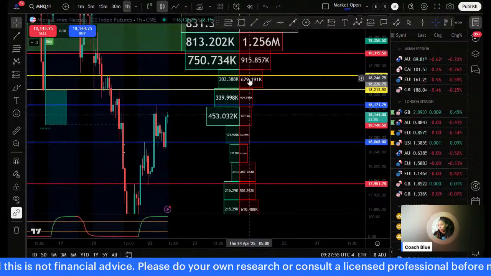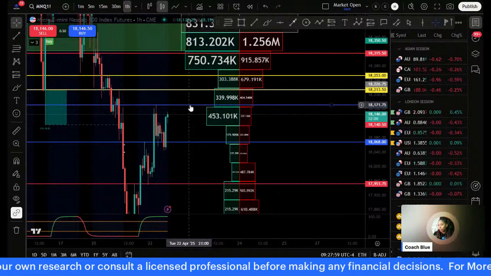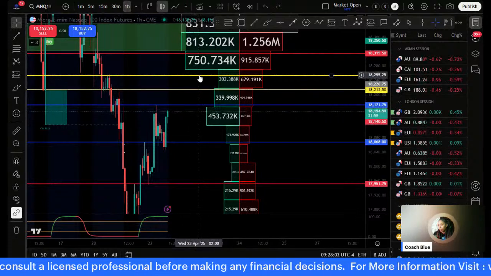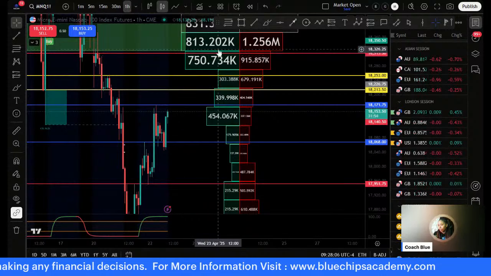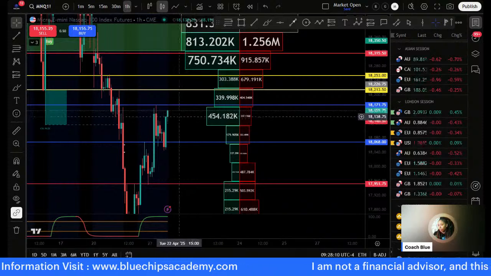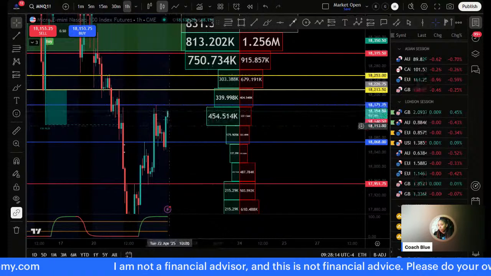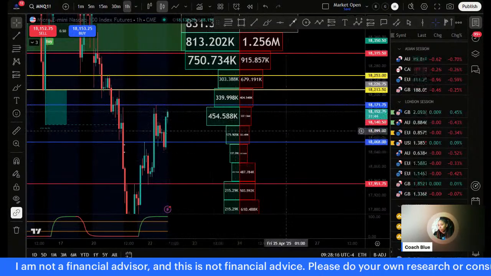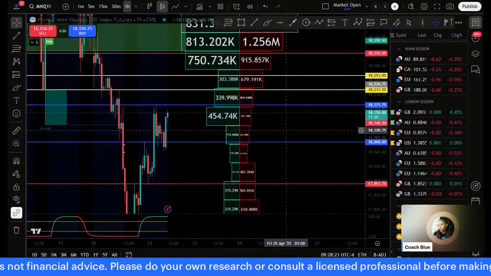So we might get some rejection pretty soon, either at this level or this level. Definitely at this level though, if we do get one. So just some things to keep in mind. See if the buyers can break through these next levels here. If not, we are prepared for price to correct itself and reject at these resistance levels.